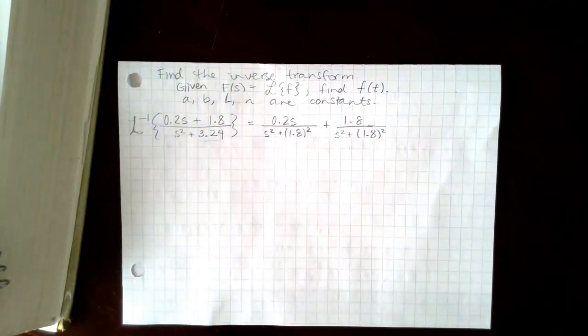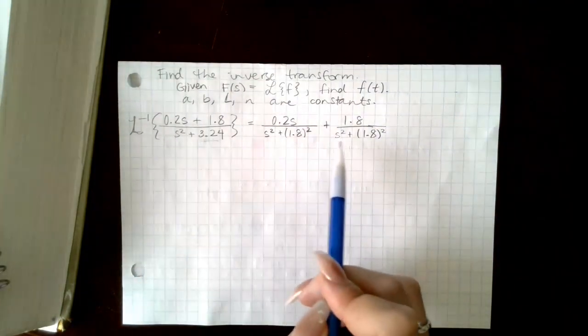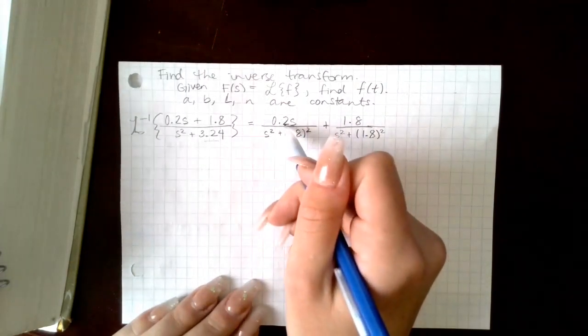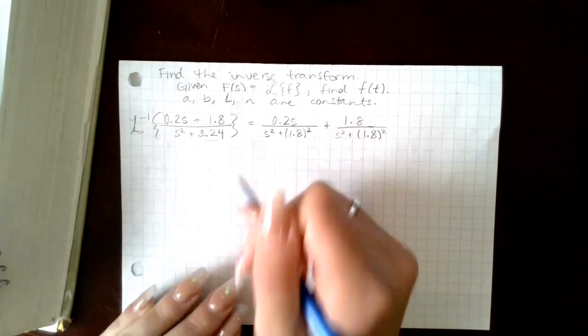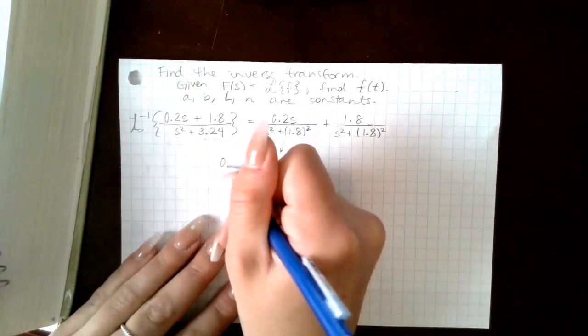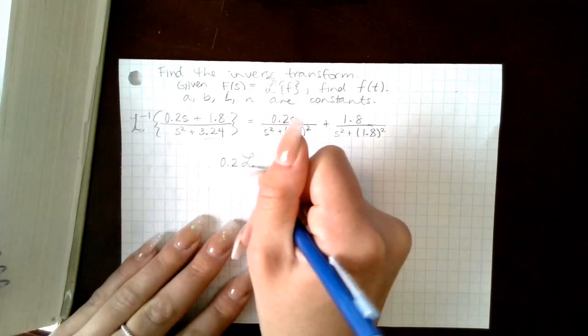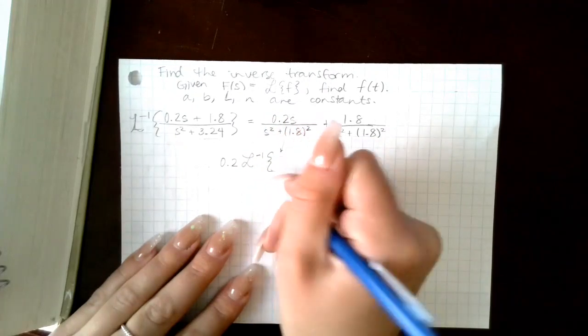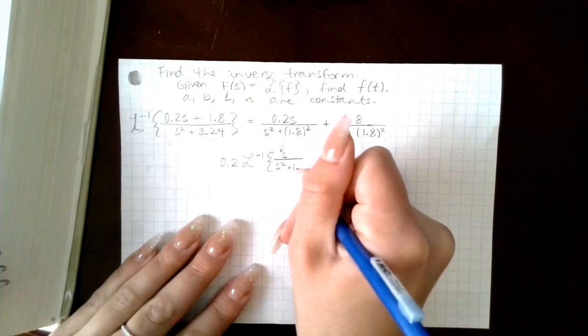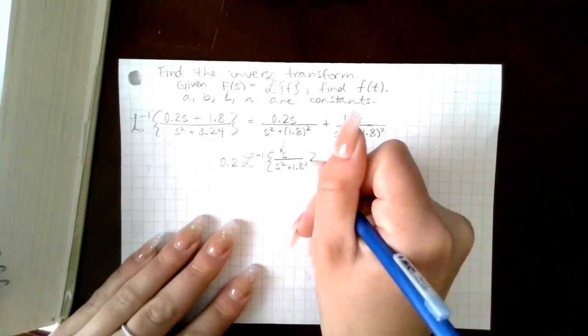And again, we're going to look at our table, and now we're going to look backwards and say, okay, I have an s up here, but I have this extra 0.2, so I'm going to pull that out. So this is going to be 0.2 times the inverse Laplace transform of s over s squared plus 1.8 squared.